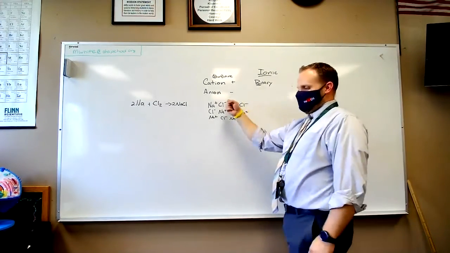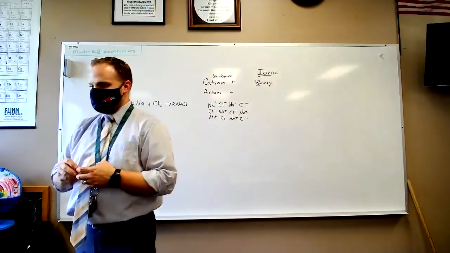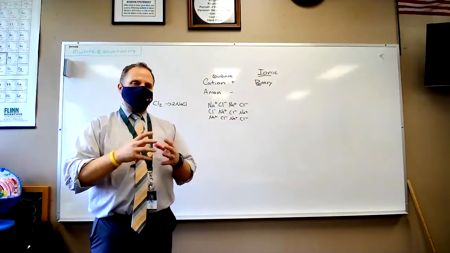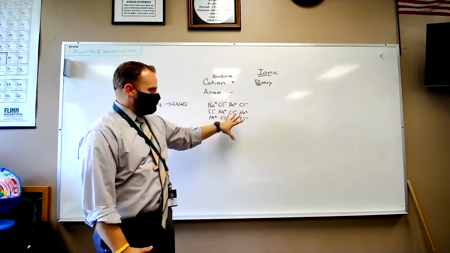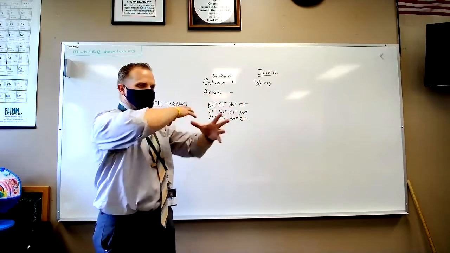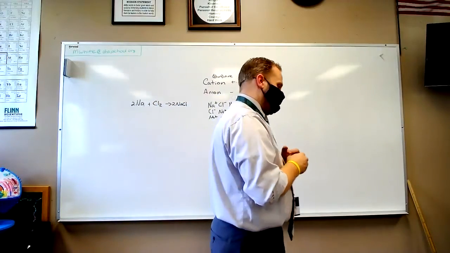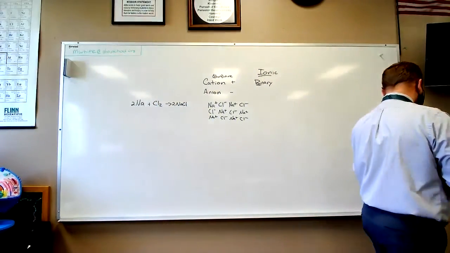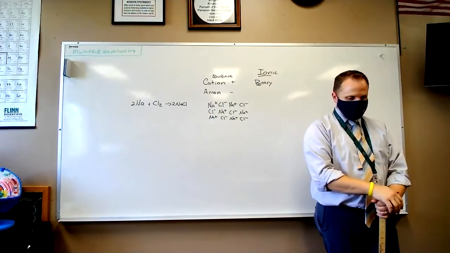The interactions between these positive and negative ions are strong enough that they don't really want to melt. Because when things are melting, that means all of these are now fluid and rolling across each other, and they're not staying in that crystal anymore. So most ionic compounds have fairly high melting points.